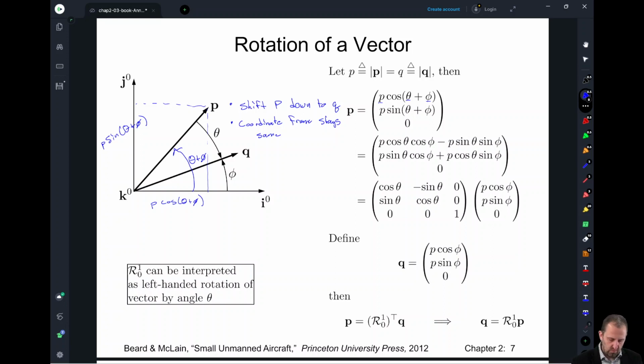Well, we can go from here to here just using properties of trig. We can break up our cosine of theta plus phi and sine of theta plus phi into these two different summation components. So we're just using trig identities.